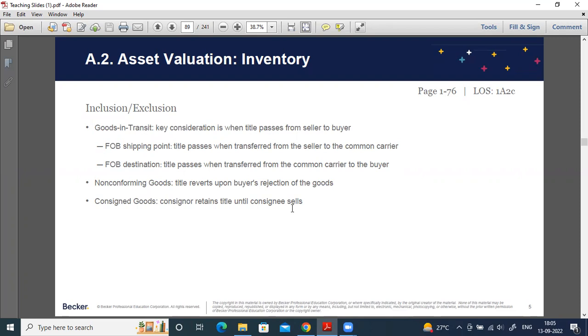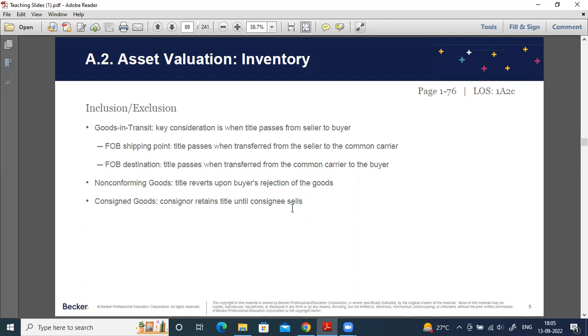Now this company wants to sell. For your better understanding, let me take the example of Patanjali company, because Patanjali doesn't have any branches in the foreign countries. Now this Patanjali company wants to sell their products in Australia. Now in that case, they entered a consignment agreement with an agent in Australia.